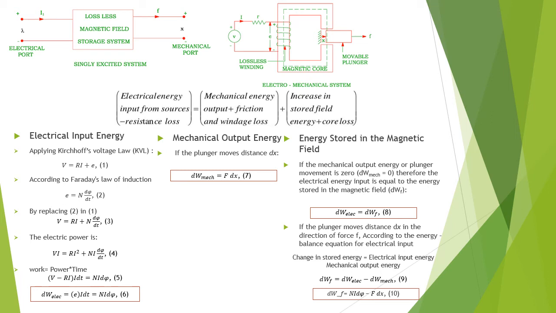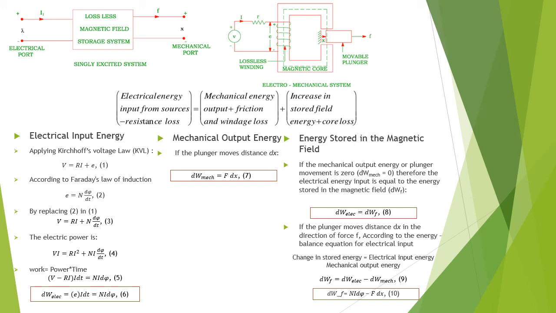Then we can simply calculate the power. Power is equal to voltage multiplied by current, so we multiply the current on both sides of the equation. Then we have voltage times current equal to the power losses plus N I dφ/dt.